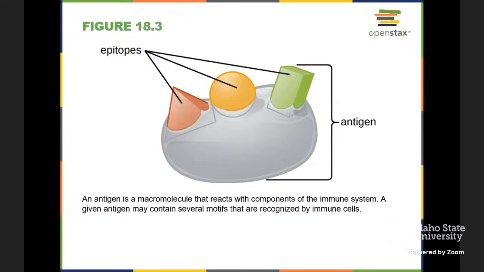This same pathogen, whatever it is, Streptococcus pneumoniae, right? Maybe there are a dozen different types of proteins on the surface of these cells that all could stimulate some sort of antibody response. All 12 of those we would call epitopes, and they're all different shapes, different pieces, right? So things that are recognizable, all right?